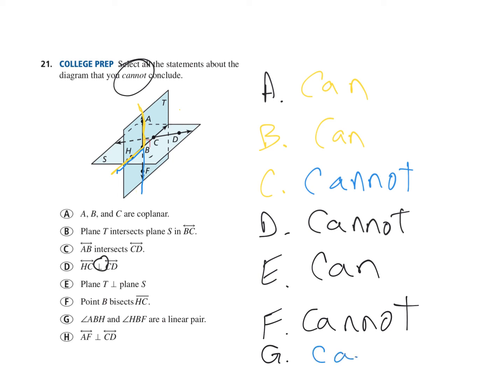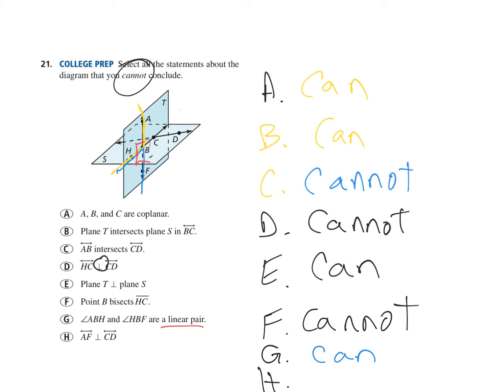And yes, we can conclude that because AB is perpendicular, making T perpendicular to the other plane. So both planes are perpendicular. So we know that that has to be perpendicular and that has to be perpendicular, which makes them supplementary. They equal 180 degrees, which by definition, that's a linear pair.